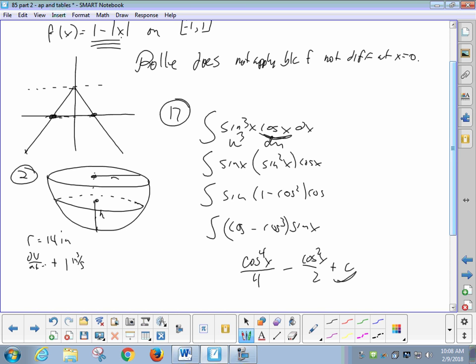And they want how fast the punch is rising, which means they want dH/dt when it's halfway up the bowl. Given that the radius is 14, halfway up the bowl would imply the height is 7. Do you agree? Yes.